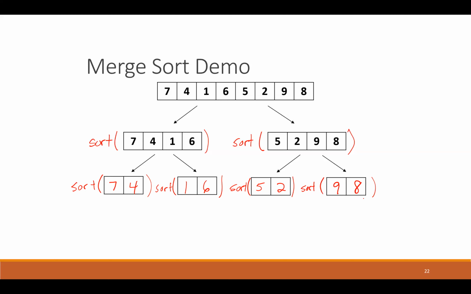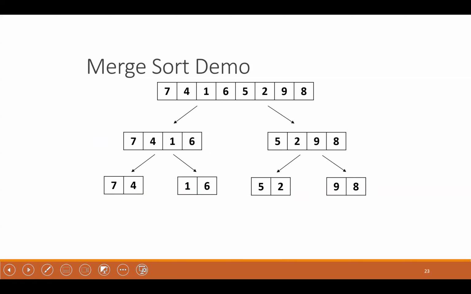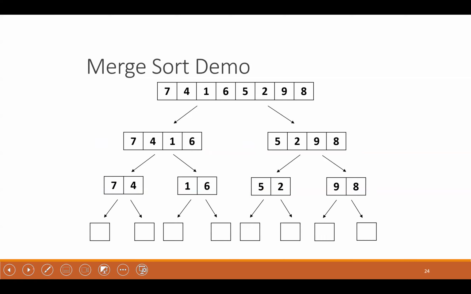At this point, in each of these calls to sort, I still have a list that's greater than 1, so I'm going to recursively call sort again. I split the lists up and recursively call sort on each of these.